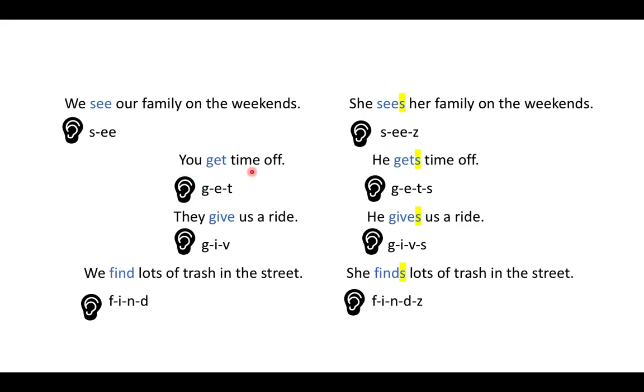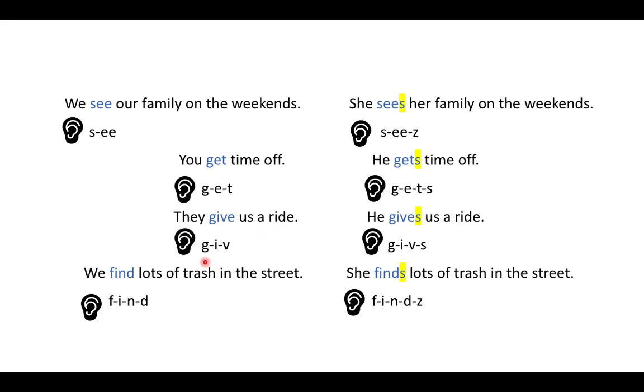You get time off. This one is get, really easy. You get time off. Since this one starts with a he, gets time off. Gets. He gets time off. They give us a ride.